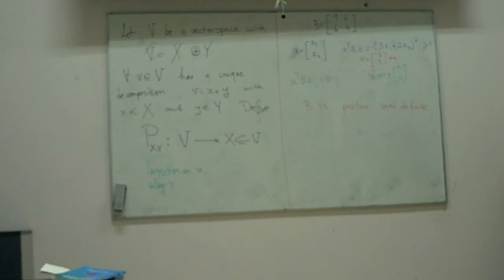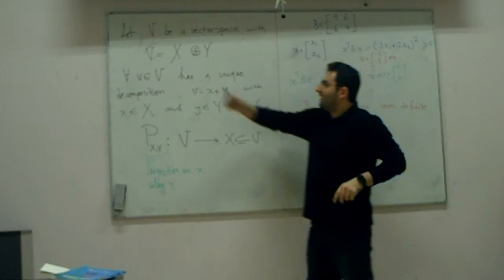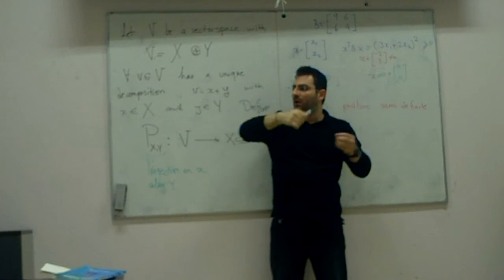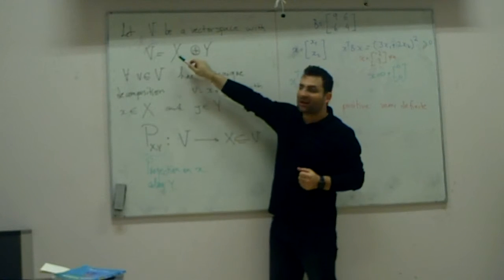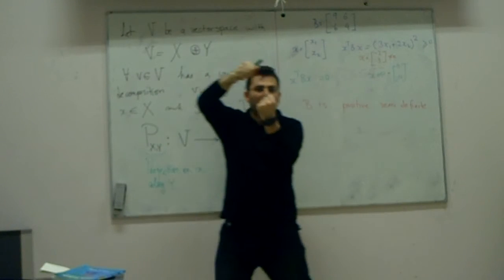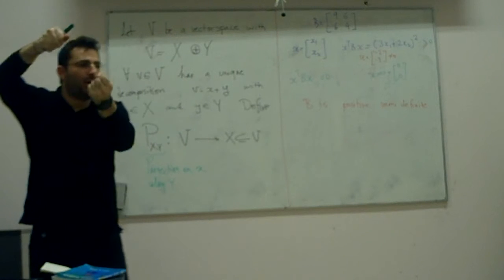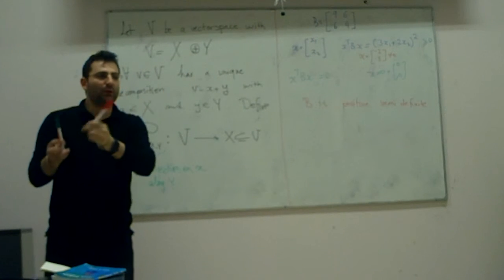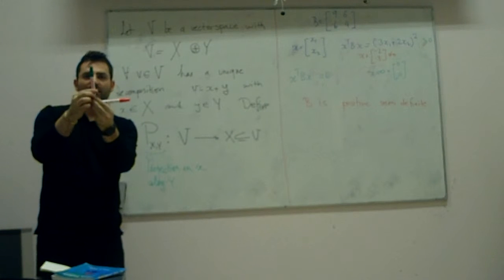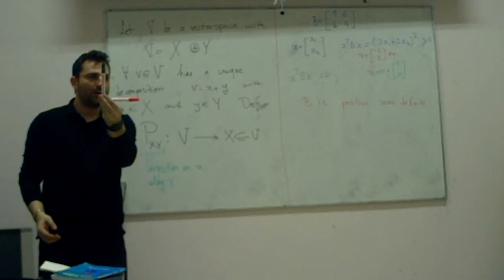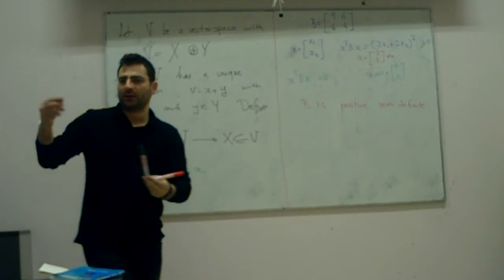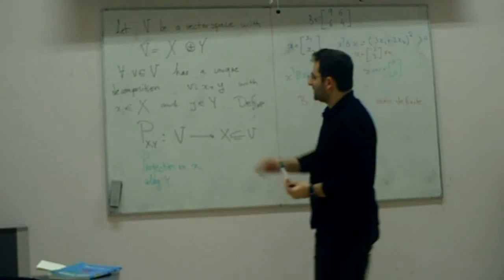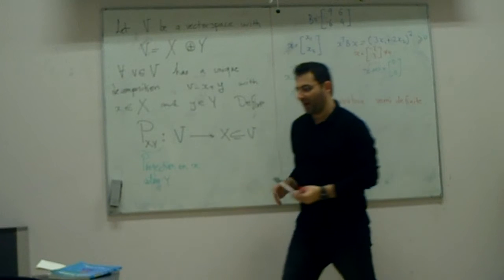In daily life, we define it in this form. I can write any vector of V as the combination of two terms in different other vector spaces. Any vector in 2D Cartesian can be written as a combination of i's and j's, right? Any vector that you pick up, you can write it as mi plus nj. So this is the general form that we have.